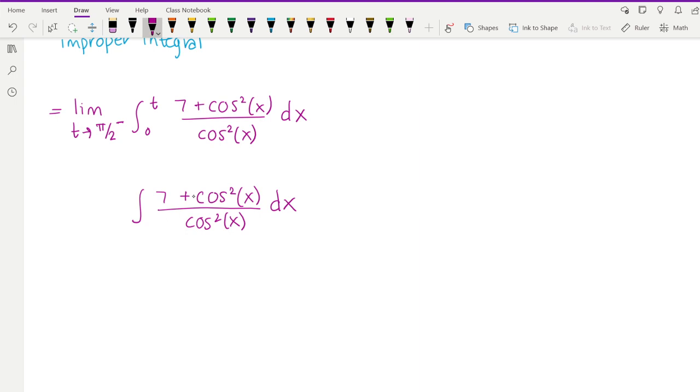So remember that anytime you have a fraction with multiple terms in the numerator, you can always split that fraction up. So we can rewrite this as the integral of 7 over cosine squared of x plus cosine squared of x over cosine squared of x.